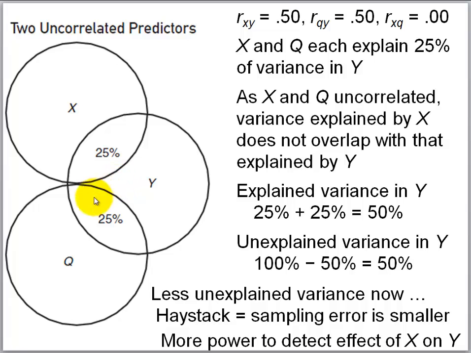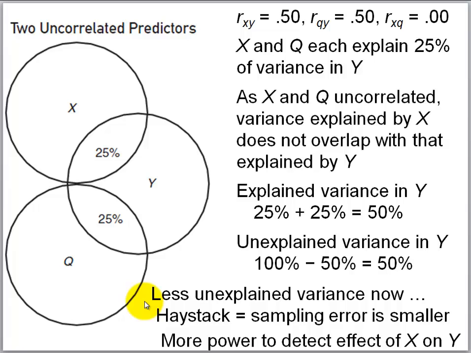Now note in this situation, because x and q are uncorrelated, or more explicitly, because their correlation is 0, the variance that x explains in y does not overlap with the variance that q explains in y. And that's why we can simply sum 25% and 25% to get 50%.